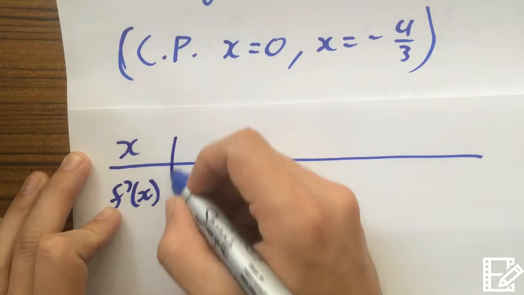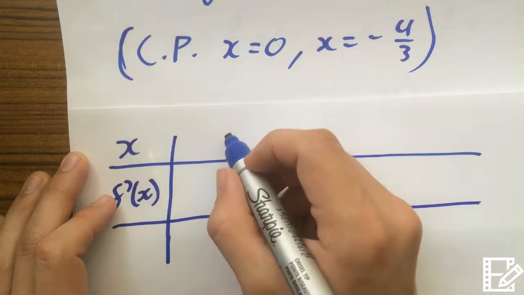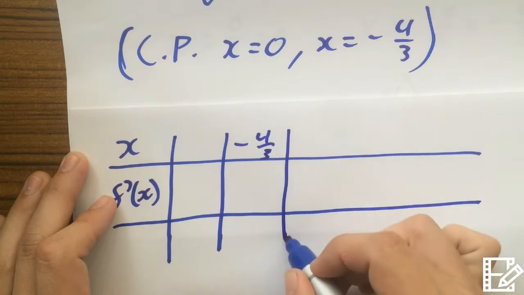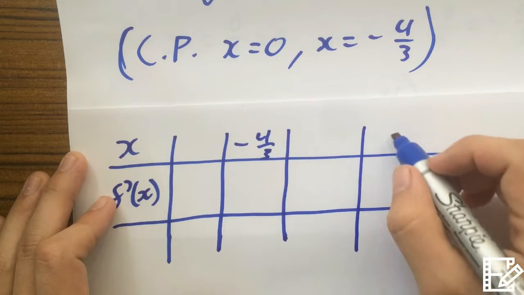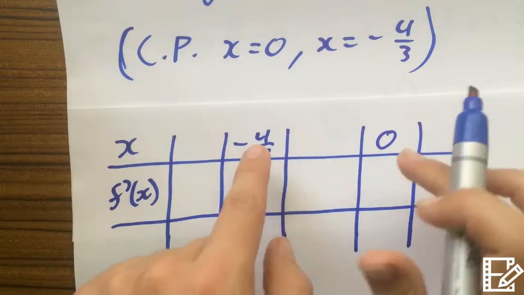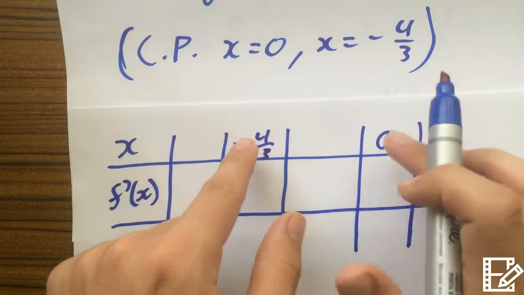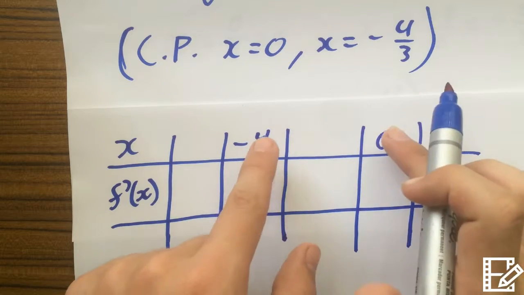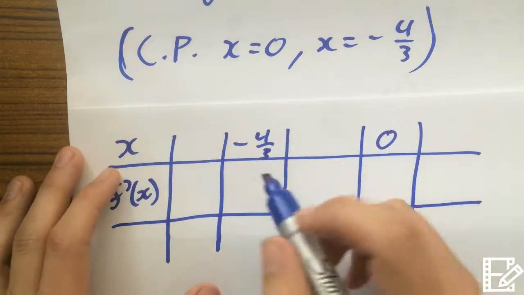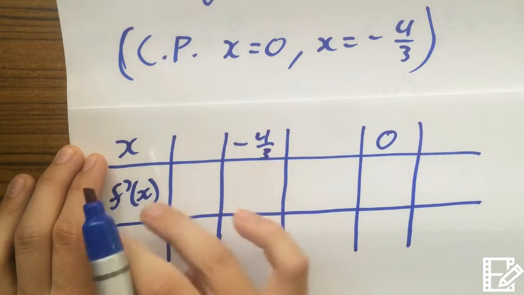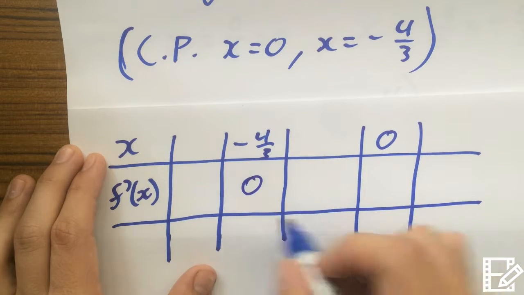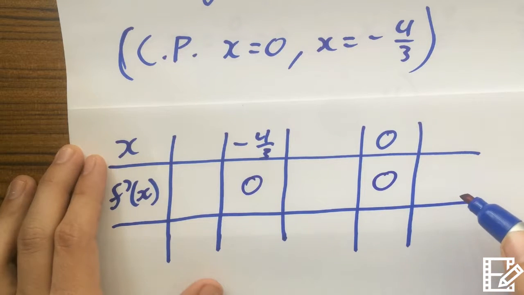So basically we're going to have our negative 4 on 3, a gap, and a 0, and then another gap, and a gap over here, which means we have these values and we're wanting to see what happens when we go in between them and on either side, just to see what the shape looks like, because we got these values by letting the derivative equal 0. Therefore, if we sub these back into the derivative, we'll get 0. Same with this one. Okay?